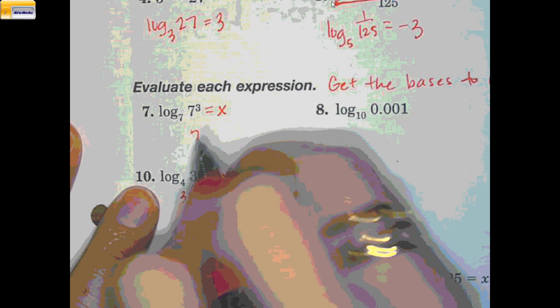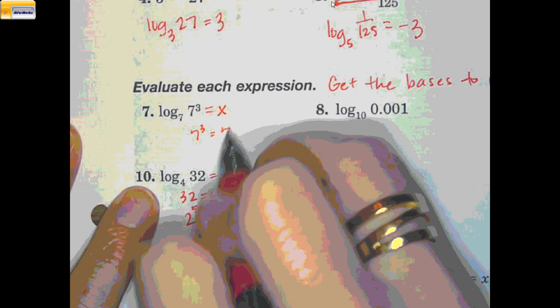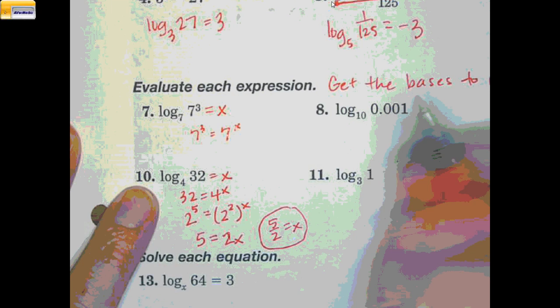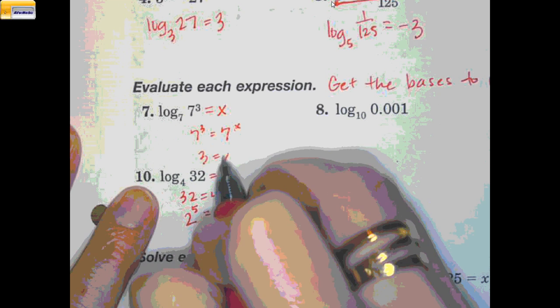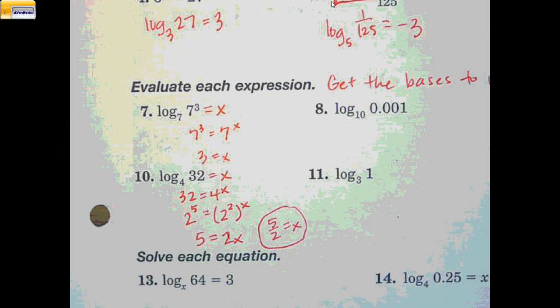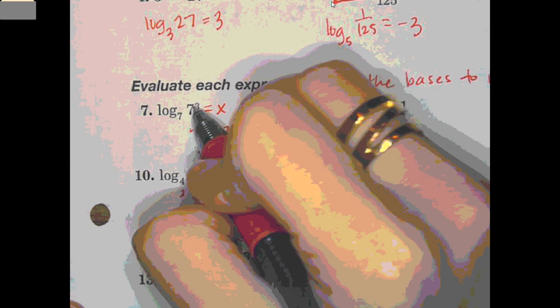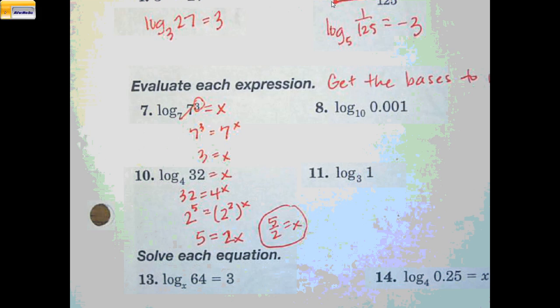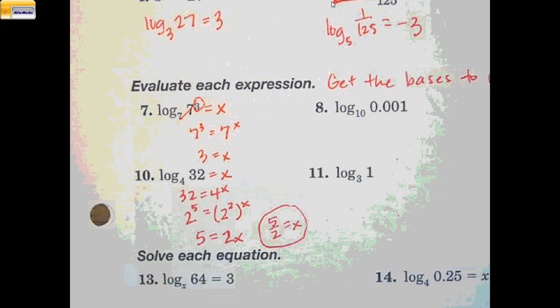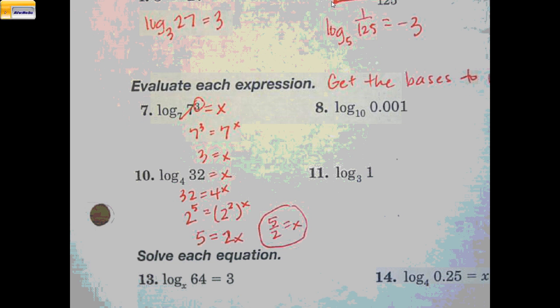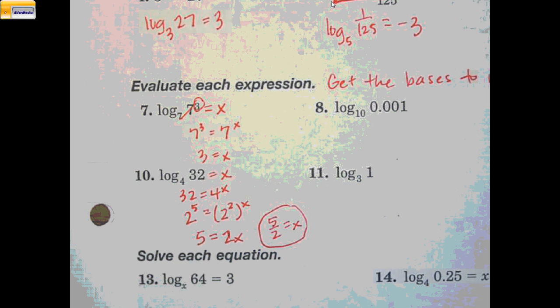And we have 7 cubed equals 7 to the x. So that 3 equals x. When the base of the exponent and the base of the log match, it's just whatever the exponent is. You can work it the long way. We just did. But you don't have to.